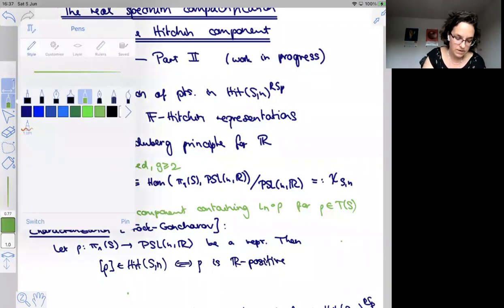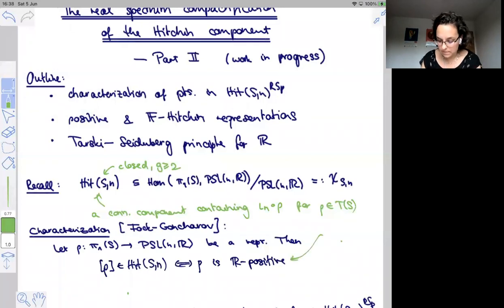But for now, let me tell you, this has some strong Anosov and positivity properties.